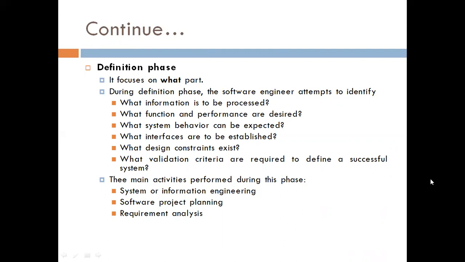So these are the questions that arise for the software engineer in a definition phase. The main activities performed during the phase: system or information engineering, software project planning, requirement analysis. These are the three main activities during this phase.